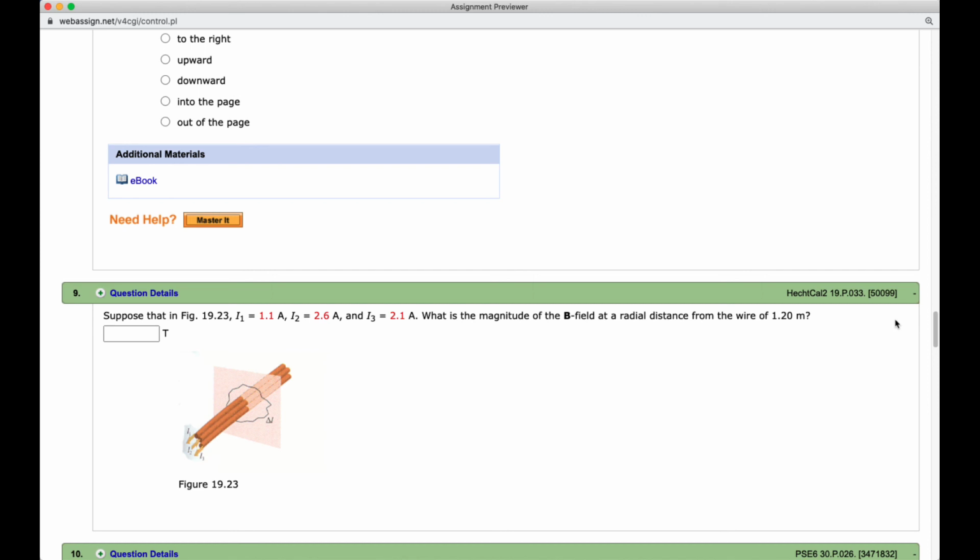I think if we did it without an iron core, you would probably be correct in assuming that if you double the resistance, then you'd have to double the current. In other words, if you go from series to parallel, if you double the resistance, you would double the current. In this case, I tripled the resistance. If I triple the resistance, I have to triple the voltage.